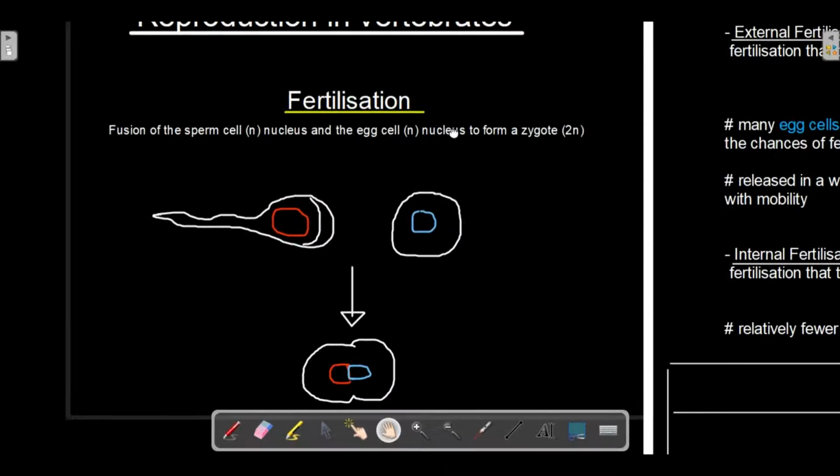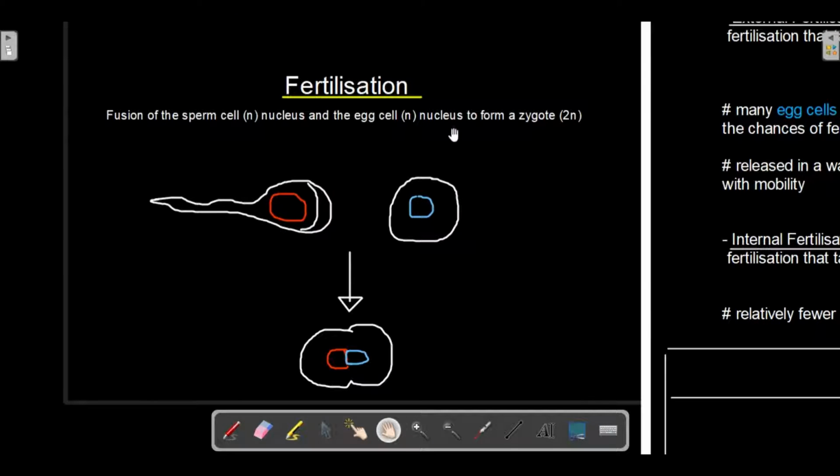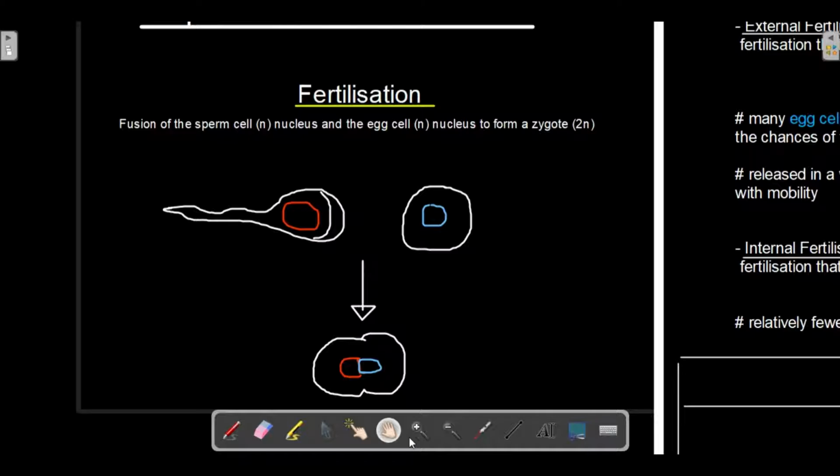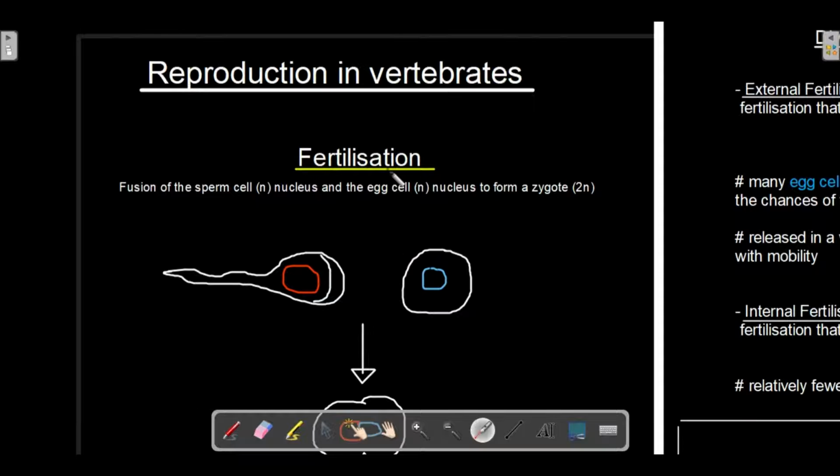I just want us to first focus on fertilization because it's pretty important when we are looking at different types of reproductive strategies. I know that we haven't gone through human reproduction, but we will start with reproduction in vertebrates and it will make sense as we go on.